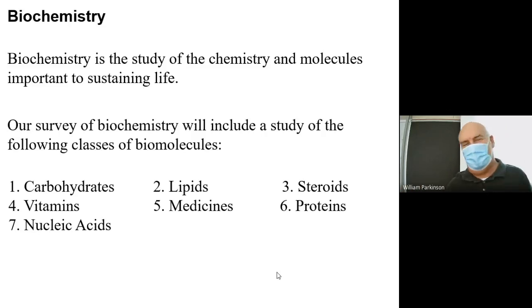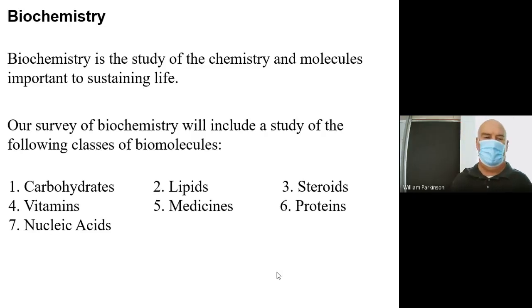Now, rubber is not the only polymer made in nature, and we'll talk a little bit about that on some of these upcoming slides. So what we are now moving into is the study of so-called biochemistry, which is the study of the chemistry of molecules that sustain and are important to sustaining life.